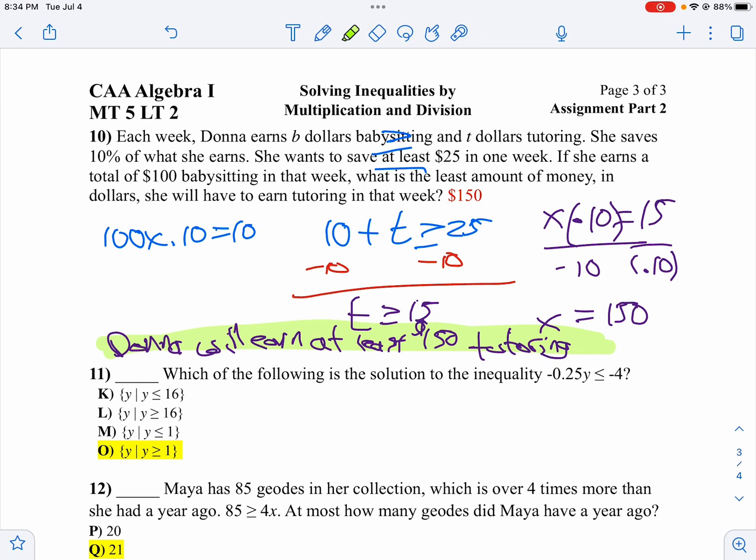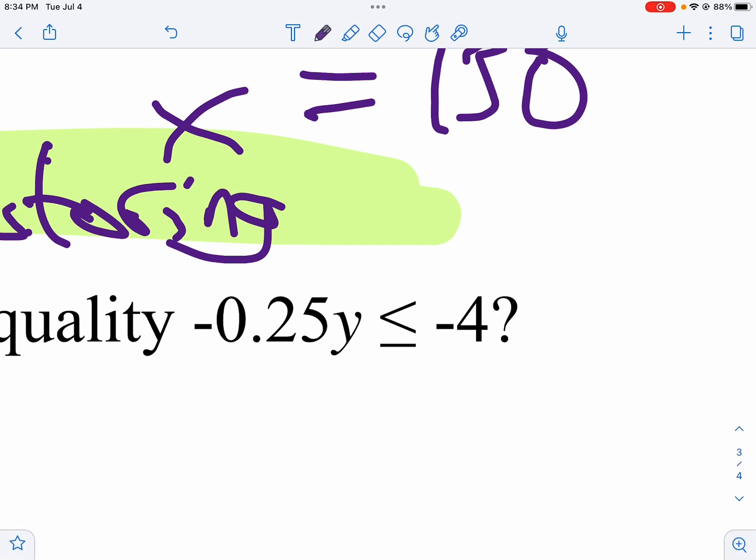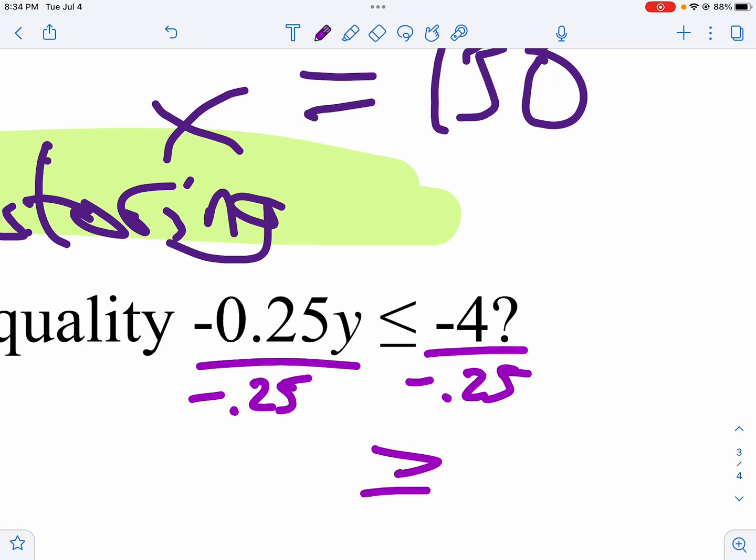Okay, number 11, we've got which of the following is a solution to the inequality negative 0.25y is less than or equal to negative 4? Well, to solve the inequality, we're going to divide both sides by negative 0.25. Flip the inequality because we divide by a negative.